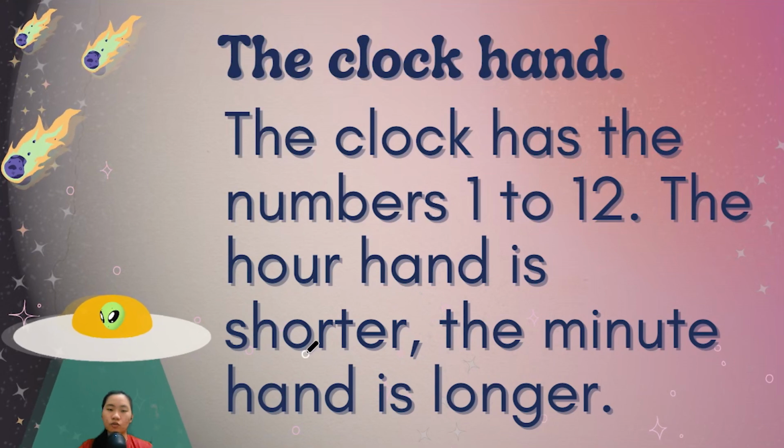It points to the hour, right? Like 1 a.m., 6 p.m., 7 a.m., that's the hour. The minute hand is the longer one. So we're talking 7 hour and 30 minutes, 5 hour and 15 minutes, so on and so forth.